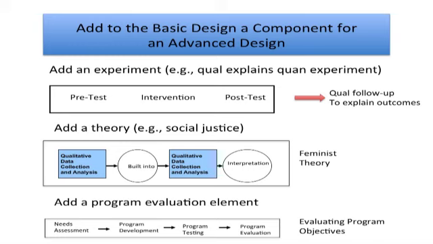Another idea is that you can add a theory to a basic design, like a social justice theory. You might begin qualitatively and collect data, or begin quantitatively and collect data and build into a qualitative phase.